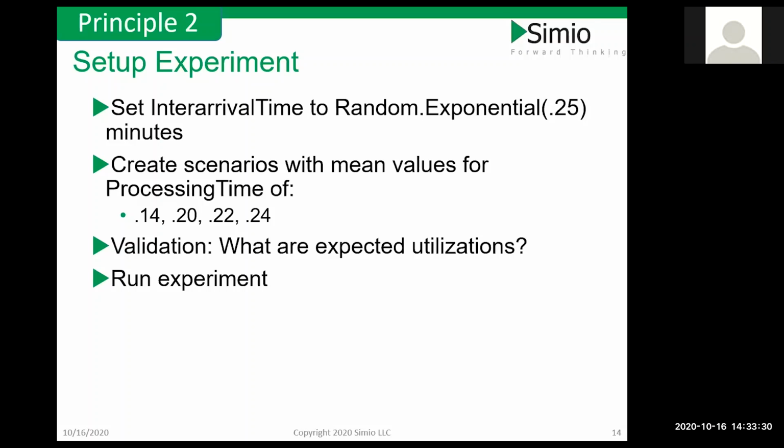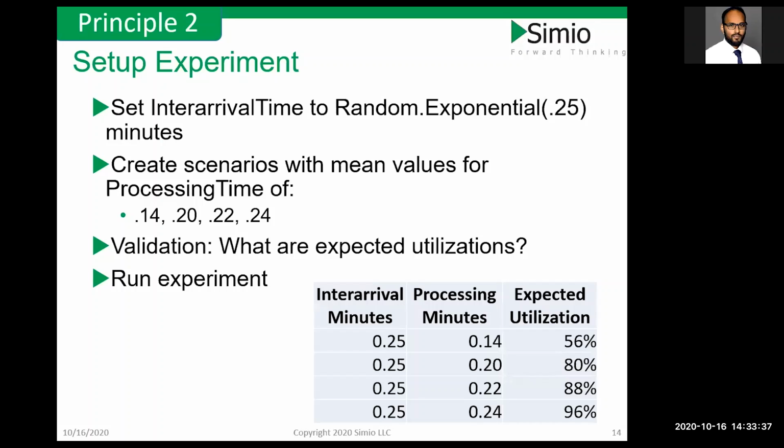Now, I guess the first question is, how do we determine expected utilization? Well, expected utilization is basically the processing time divided by the inner arrival time.